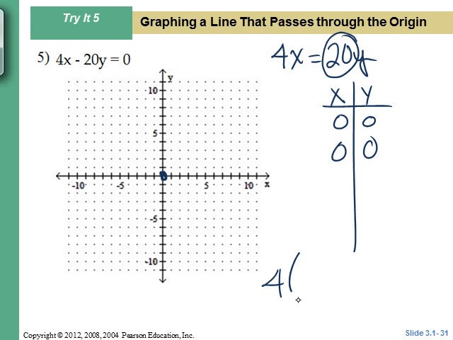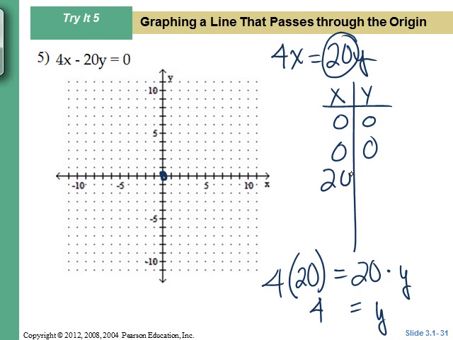So 4 times 20 equals 20 times y will be 4. So if x is 20, y is 4. Over 20 up 4 is the same as over 10 up 2. So there's my, oops, I didn't get that line drawn correctly. There's my line.